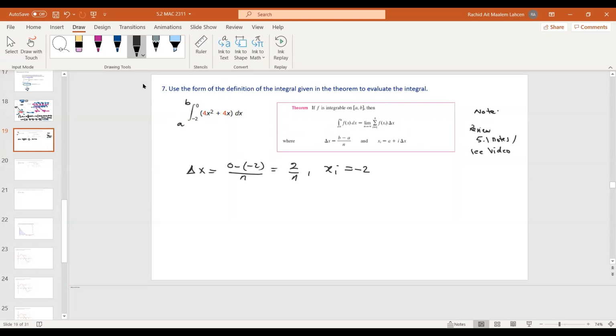So that's going to be plus i delta x, which is -2 plus 2i over n. And that's what we did to find these limits.